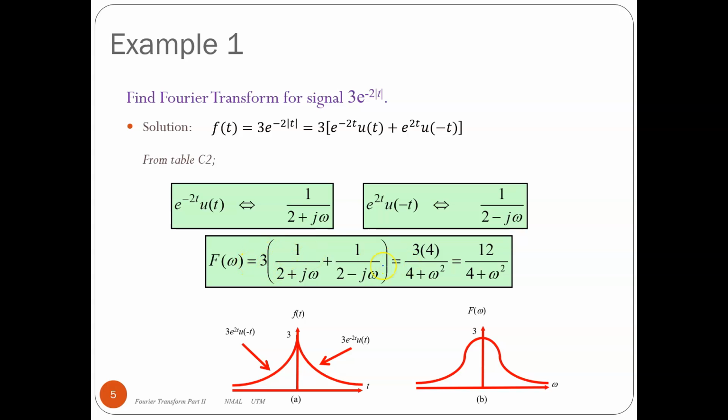Solving this, we get 12 divided by 4 plus omega squared. This is the time domain plot for the function 3 exponent negative 2 magnitude t, and this is the Fourier transform plot, F(omega).